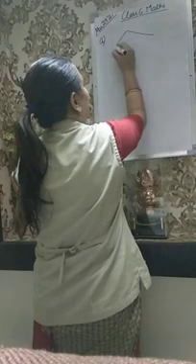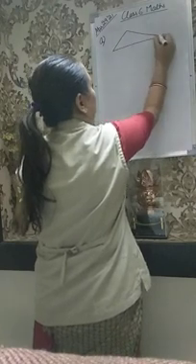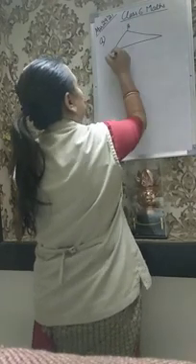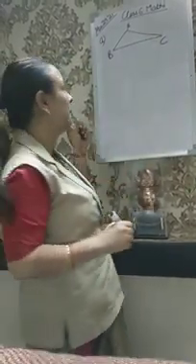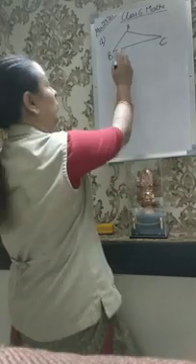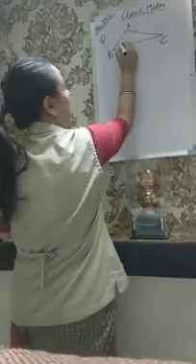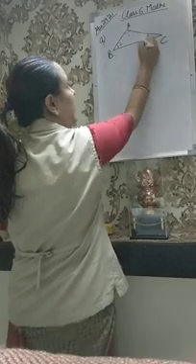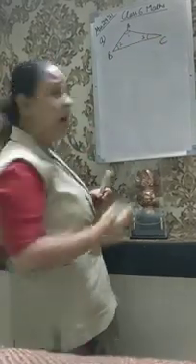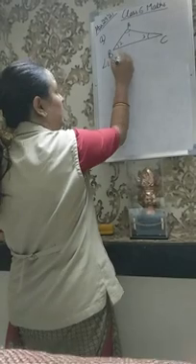This was my triangle ABC. Alright. So in this triangle, this one was my angle 1, angle 2 and angle 3. Now I had to name them.